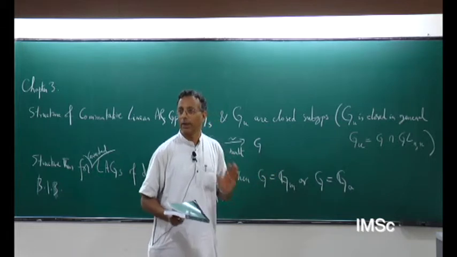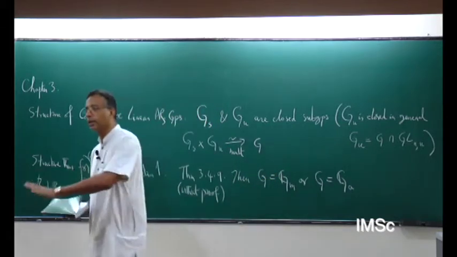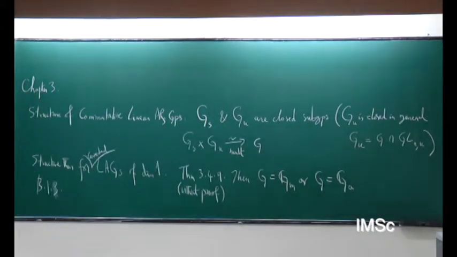It will take up a lot of time and into things that I don't think are really essential for an understanding of the rest of what comes after that. So it takes you slightly tangentially. That's the reason we are not worrying about the proof of this.